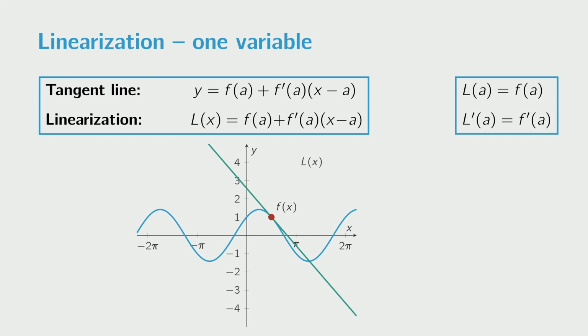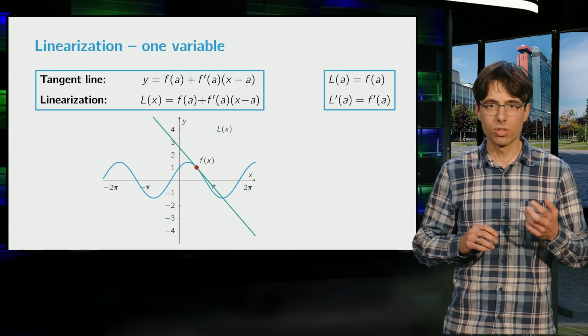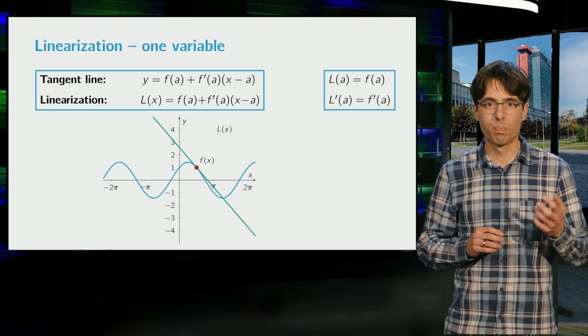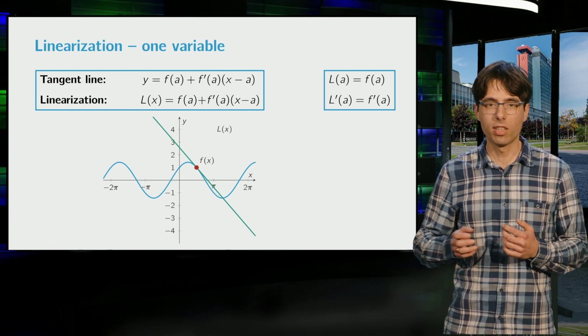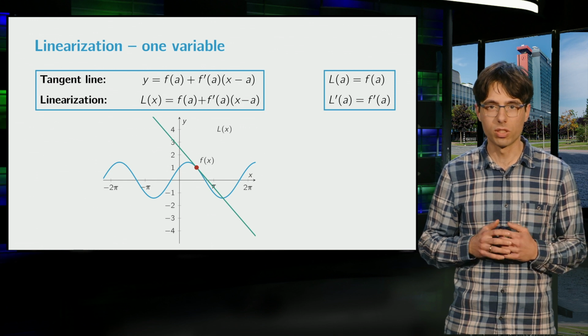Recall the implications of this last remark in the setting of a function of a single variable. Indeed, we saw that the tangent line was in fact the graph of a function called the linearization of the function f at the point a. This linearization gave rise to the linear approximation to our function and has the property that both the function value and the value of the derivative coincide with those of the function f at the point a.